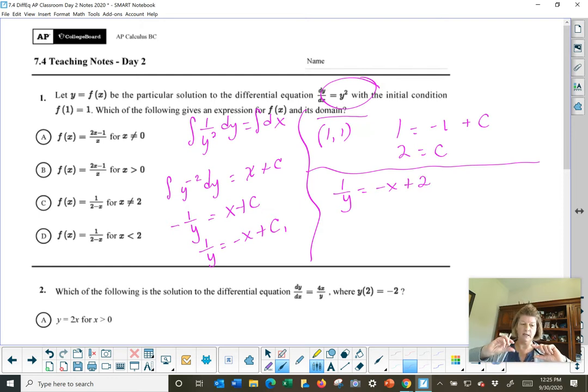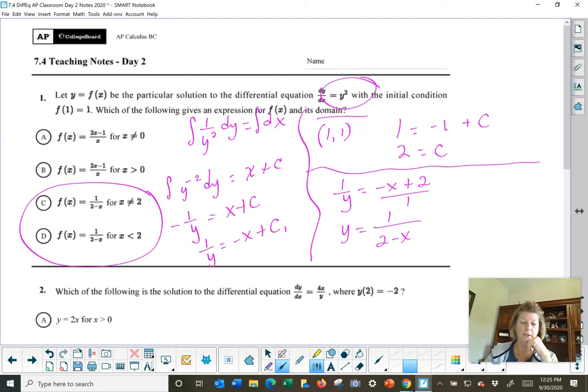And then I just kind of need to flip that over. You think of this as being over 1. And it's the quickest way to do it. 1 over 2 minus x. And I see there are 2 of those answers. So which one is right?